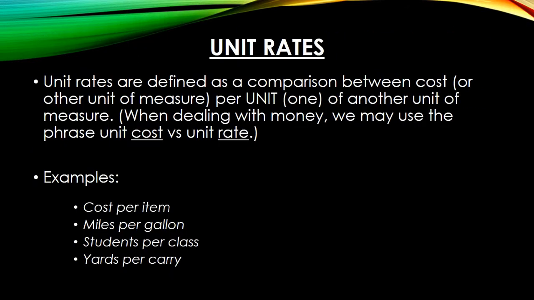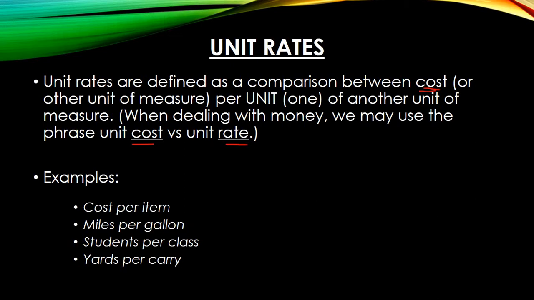A unit rate is defined as a comparison between one unit of measure. If it's unit cost, it's the cost per unit, and we're talking unit rate or unit cost. Some examples of that are cost per item, but also miles per gallon, students per class, yards per carry, points per game.